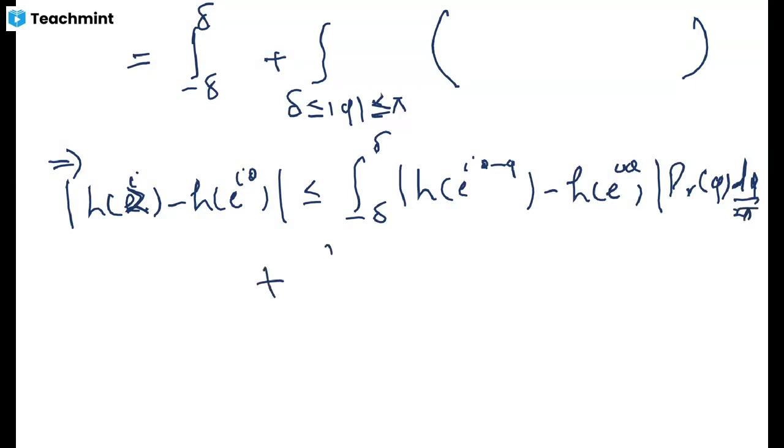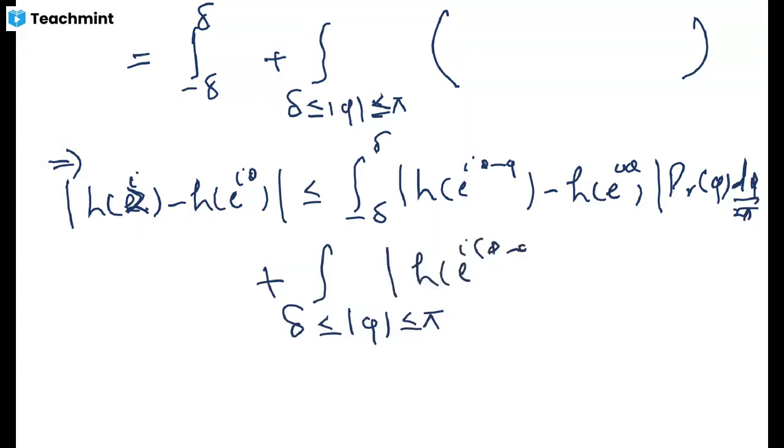Plus we have delta less than or equal to |φ| less than or equal to pi, and I have to write it as |h(e^{i(θ−φ)}) − h(e^{iθ})| P_r(φ) dφ/2π.